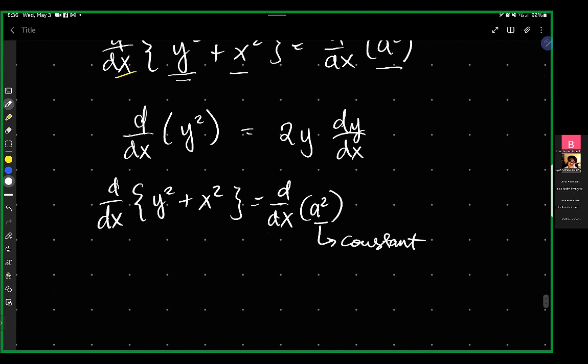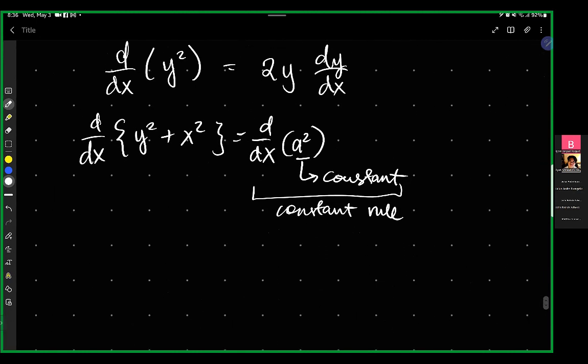So, what's the derivative of a with respect to x? Dahil constant si a, by the constant rule, we know that this term is equal to 0. So, pag constant, derivative ng constants, always 0.